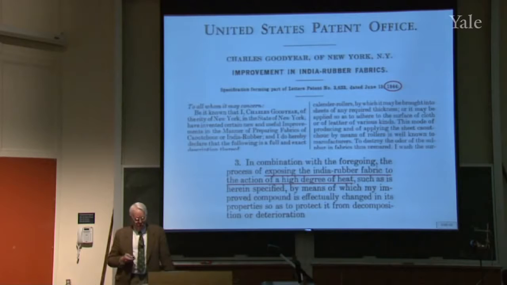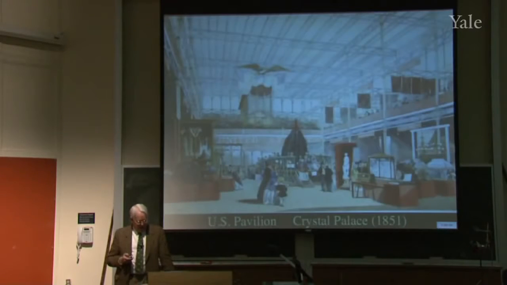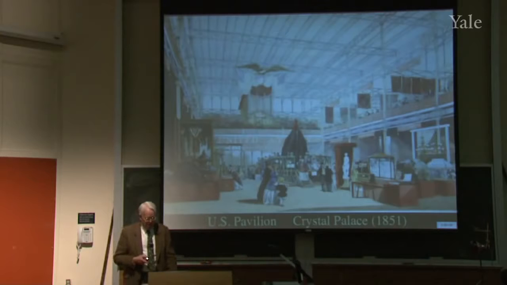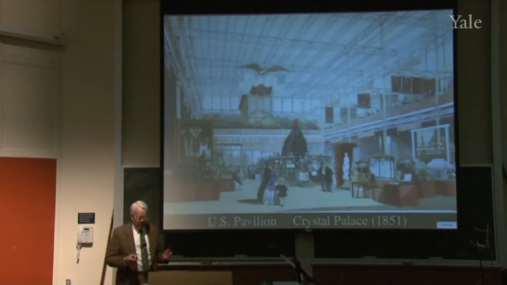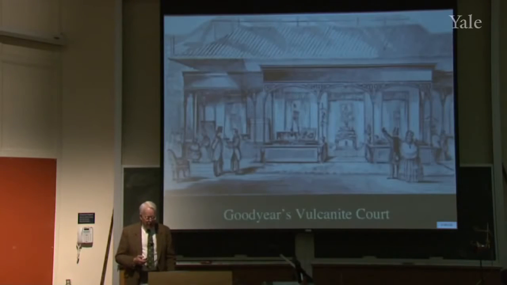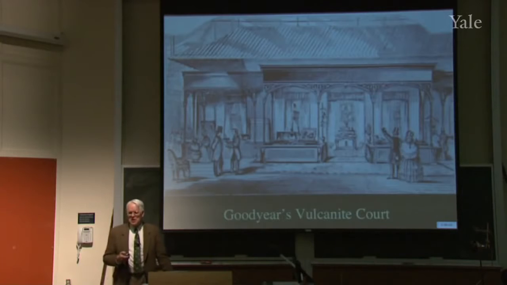This is 1844. 7 years later was the Crystal Palace exhibition in London, the triumph of industry in the West in the Victorian period. So there was these industrial displays of the best products from all over the world. And here, only 7 years after the patent, we find Goodyear's Vulcanite court, where he's pushing the beauties of rubber.